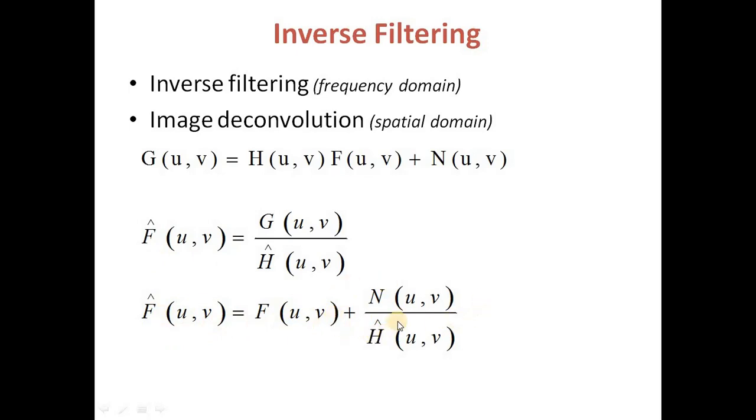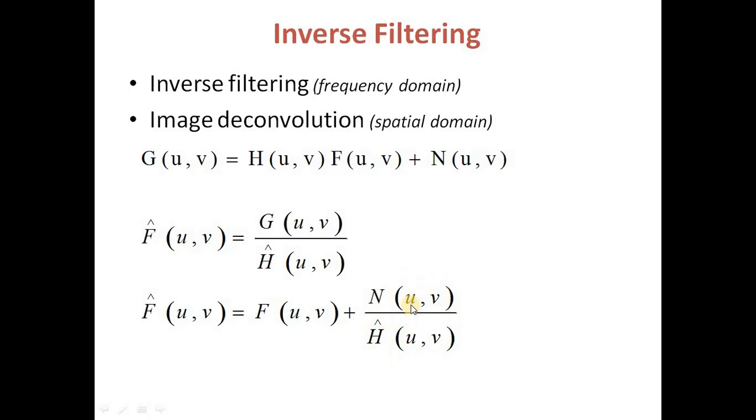And the problems do not end here. The problem will be much more critical if this H cap of u comma v, for certain values of u comma v, takes zero values. In that case, this whole quantity will tend to infinity. If H cap of u comma v for certain u and v tends to 0, this will tend to infinity, so it will take very large values.